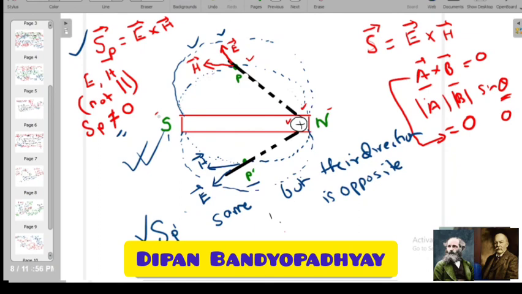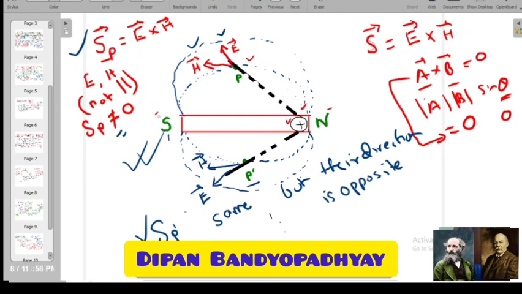For what we study, in most practical cases, you can use the Poynting vector to find the power density at a point in space. That means you can use this relation in point form.